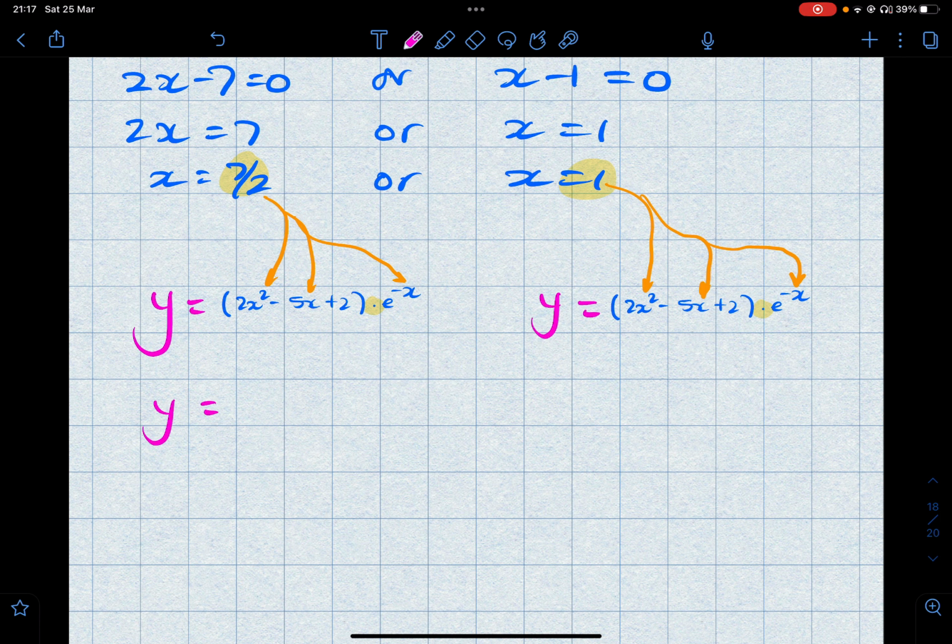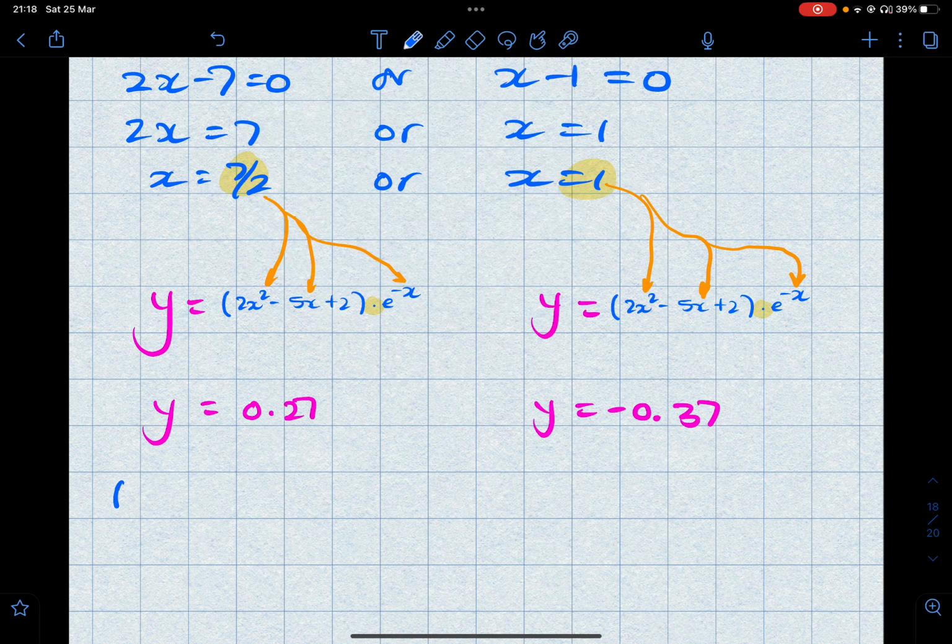That gives me 0.27, and the second one gives me minus 0.37.